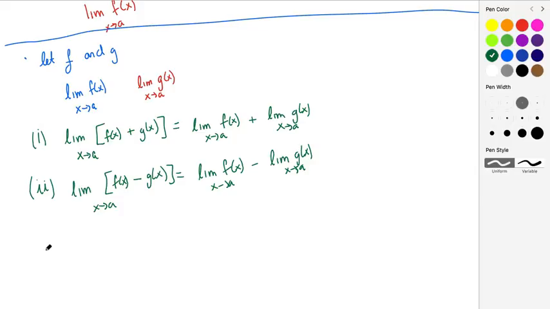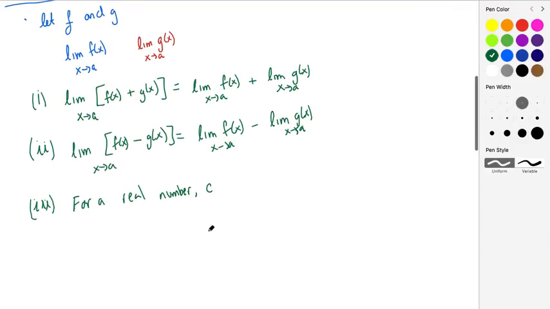The third property is, if you have a real number, so a number that exists, let's give it a variable c. For a real number c, let's say that you have the limit, c being a constant.